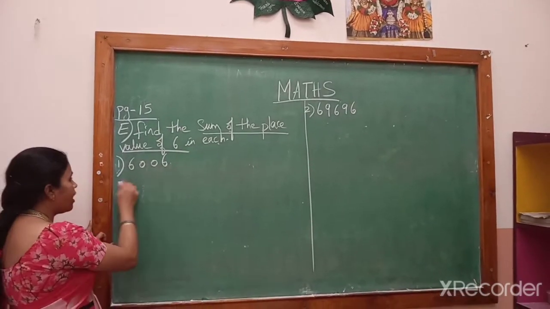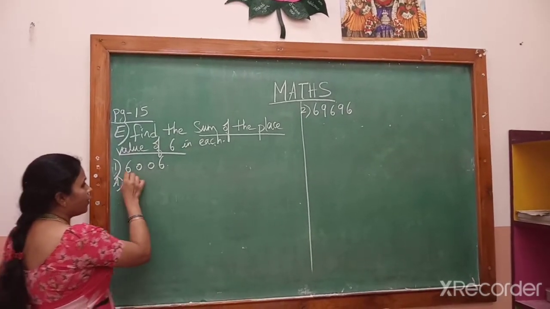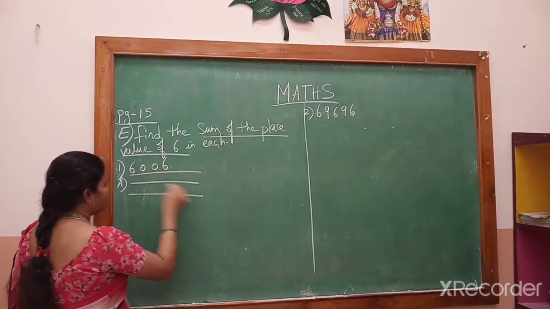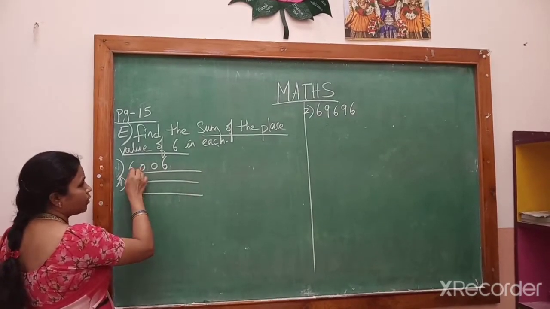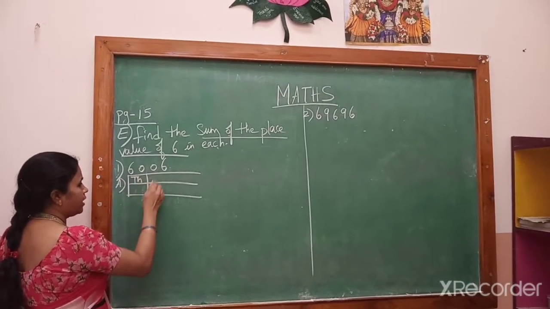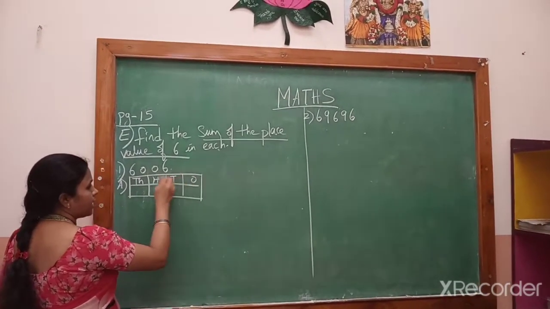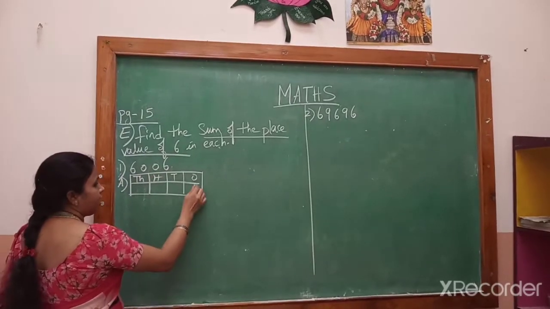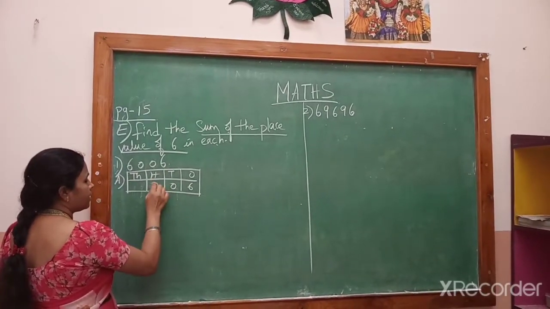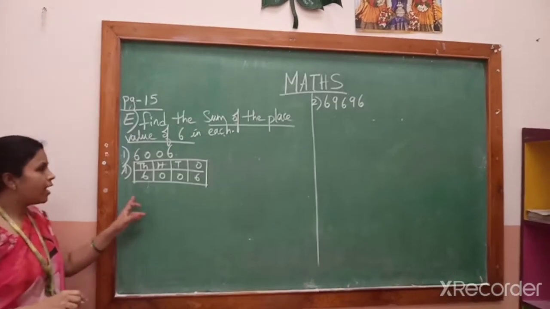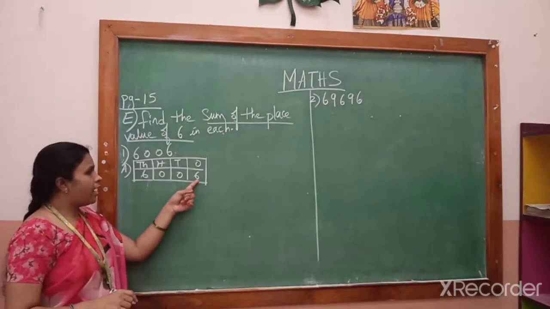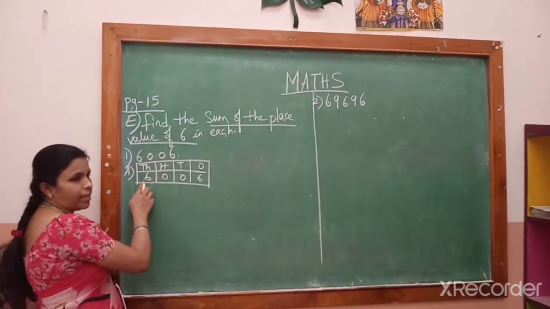6006. Now I am going to use the table. Because this is up to 1000, I am going to arrange the table up to 1000. Ones, tens, 100, 1000. Now arrange the number under the places. Now you can see here the 6 is in two places.